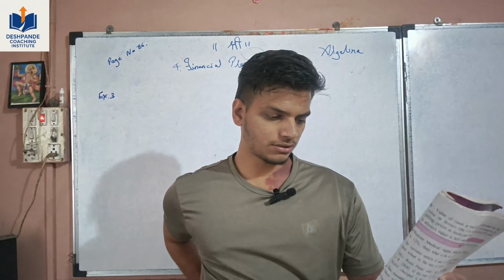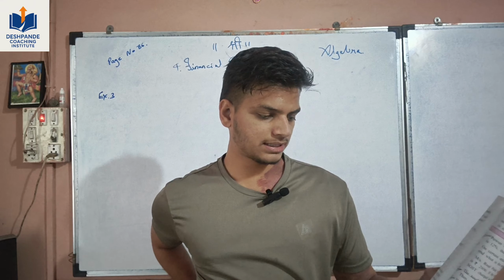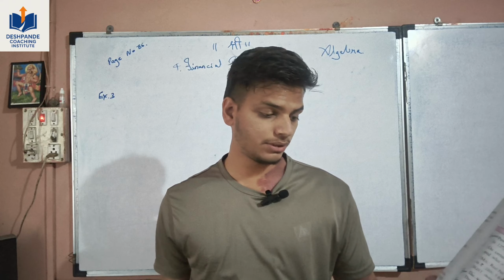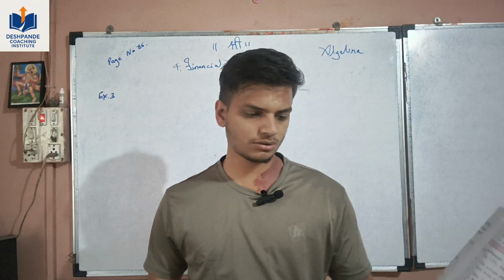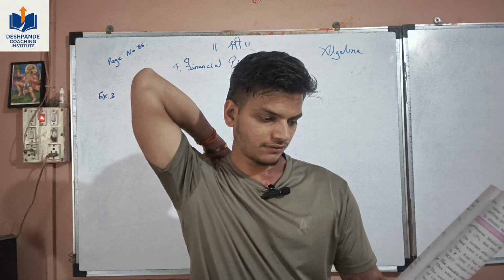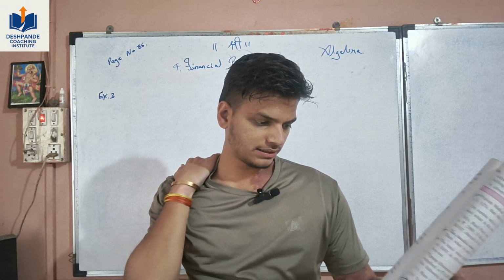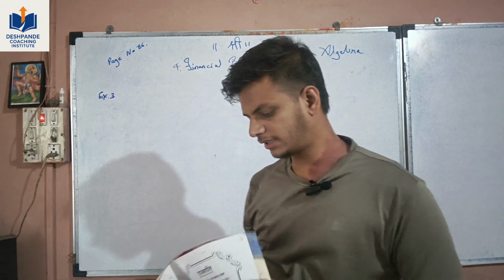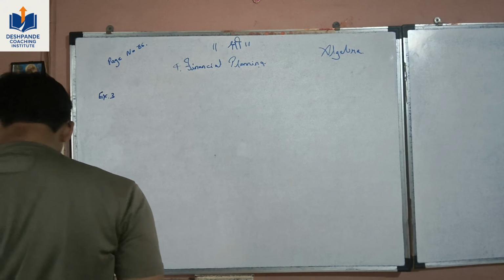So 18% GST was charged on the discounted price. Find the amount of CGST and SGST. What amount did Shreyas pay? This is the question. Now we are directly starting with the solution.